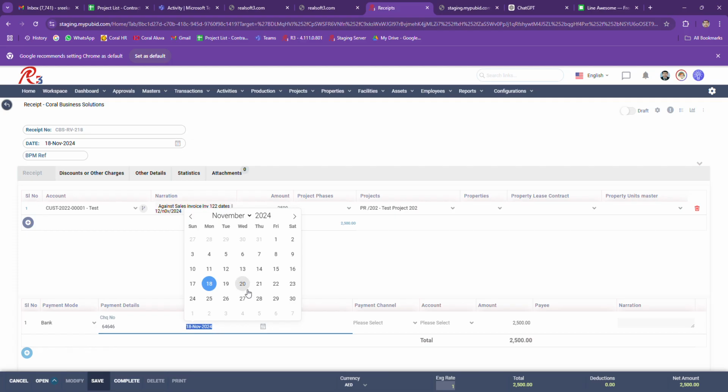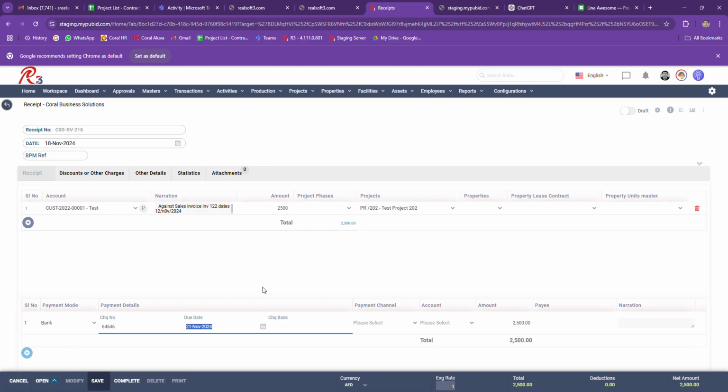And this due date: today is the 18th of November. If you give the 21st, what does this really mean? After the 21st only, the bank will accept this check. You can give this to the bank, and they will accept.